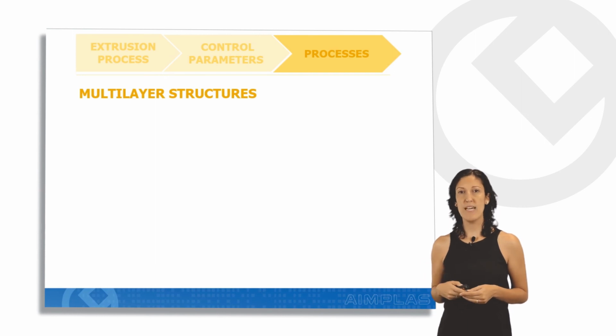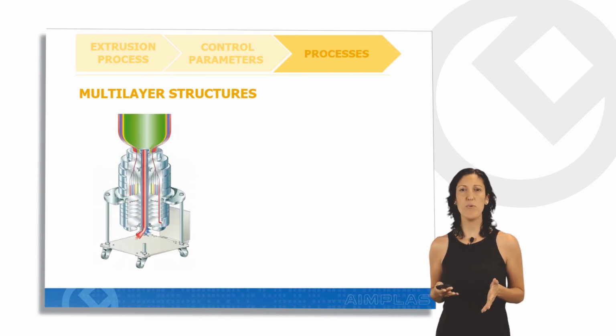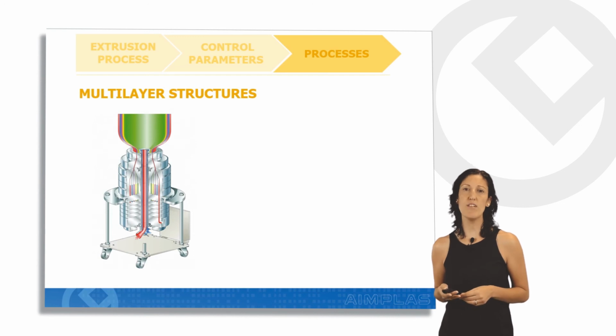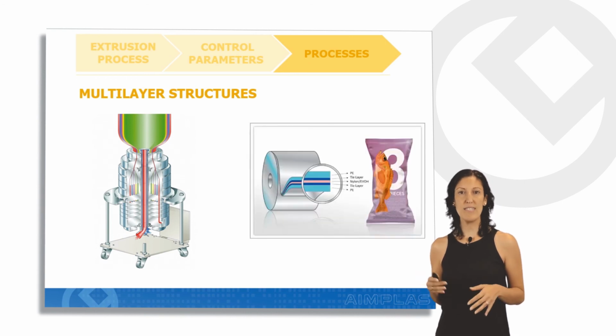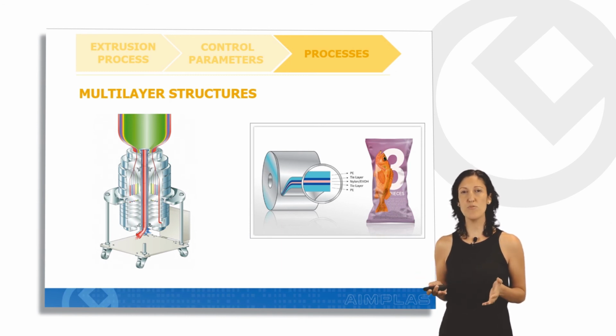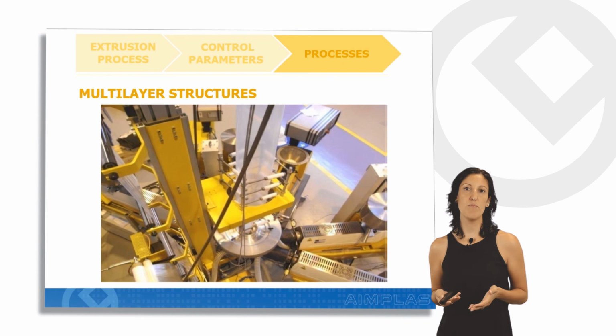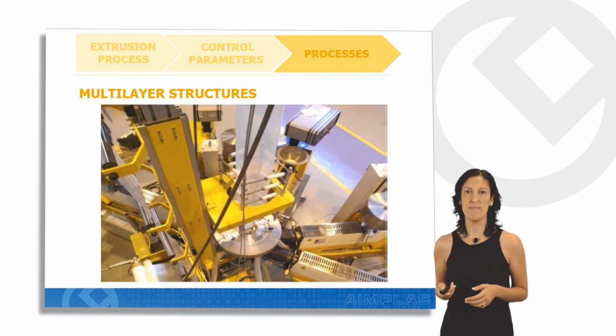In order to obtain a multi-layer structure, we use a process called co-extrusion. Co-extrusion is a process in which we use different materials to feed the same die, and we obtain a final structure that combines the properties of the different materials.